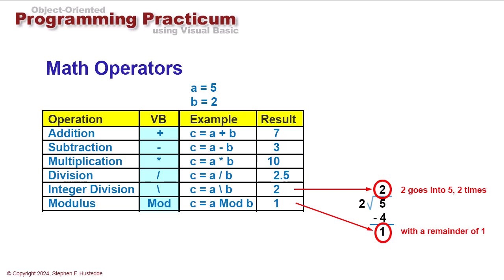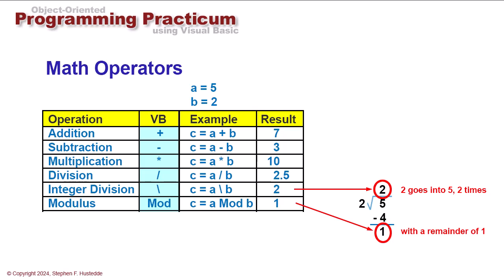And of course, 1 divided by 2 gives us 0.5. But in this case, the integer division gives us the whole number of 2, and the modulus gives us the remainder value, which is 1. Now you may ask, when would I ever use that? You'll be surprised how often that comes in handy. In fact, our next project will use integer division and modulus.